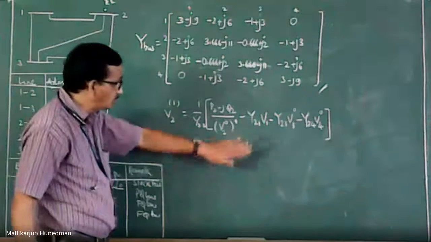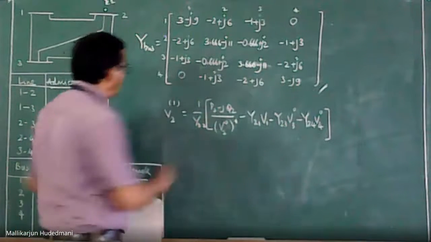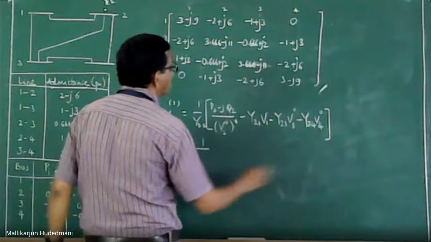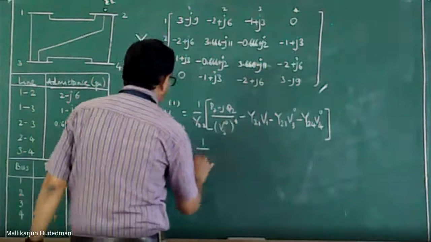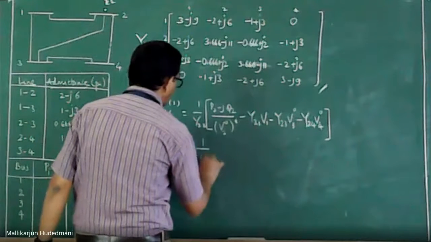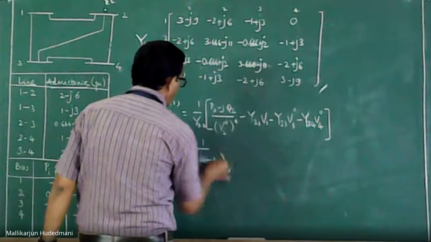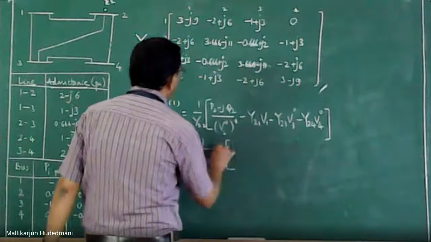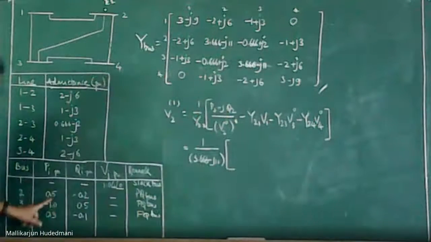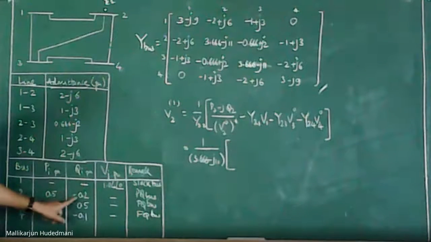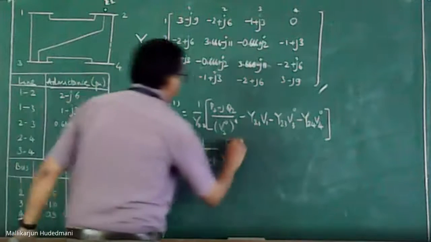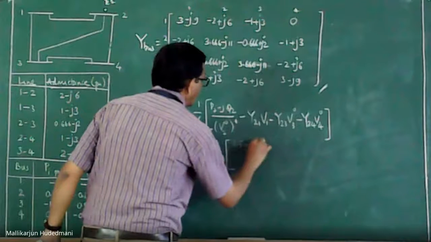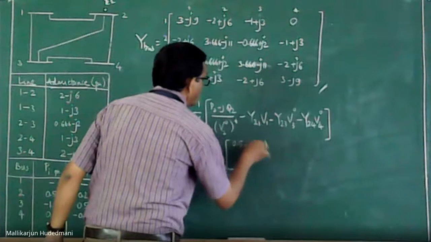Now my work is to substitute it. How do I do it? This will be done as 1 divided by, this is a very long expression. One should be doing carefully. 3.666 minus J11 in the bracket. This is P2 minus J22. What is P2 here? 0.5, minus of minus, it becomes 0.5 minus J0.2.